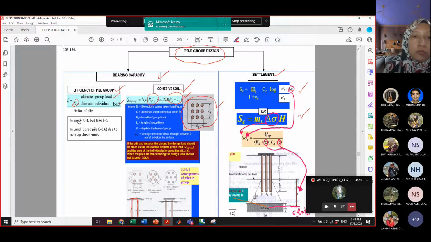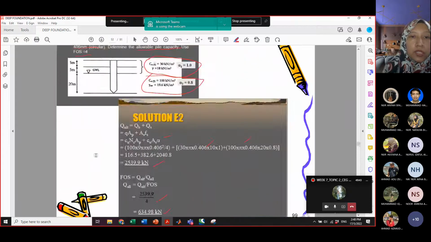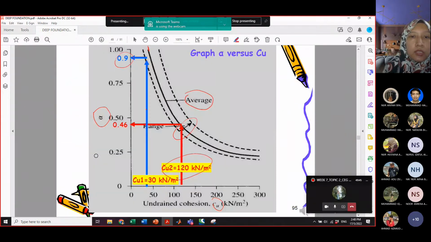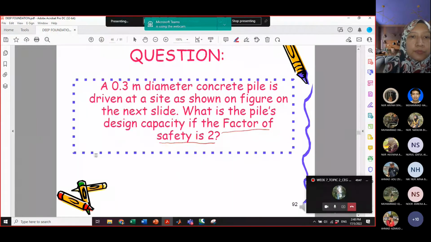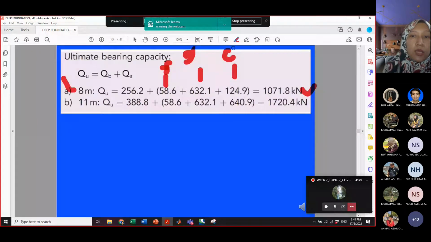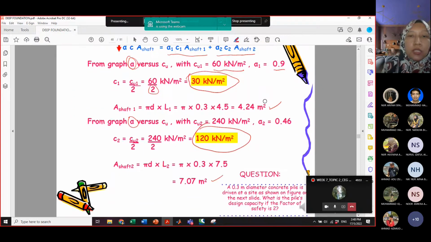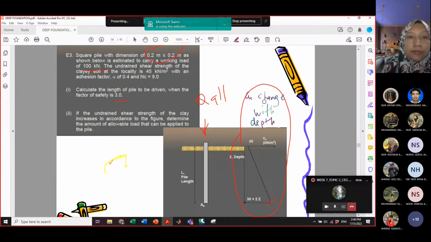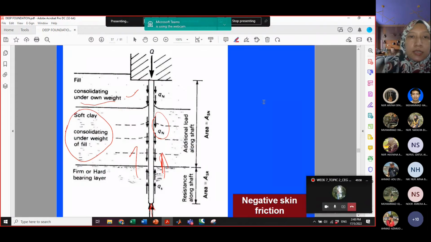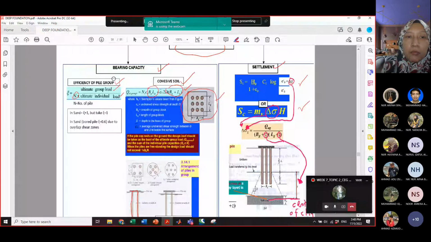For example, the ultimate bearing capacity of the single pile just now is, let's say, 1071.8 kilonewton. This is for a single pile. If we have 4 piles, that means we multiply the 1078 by 4.